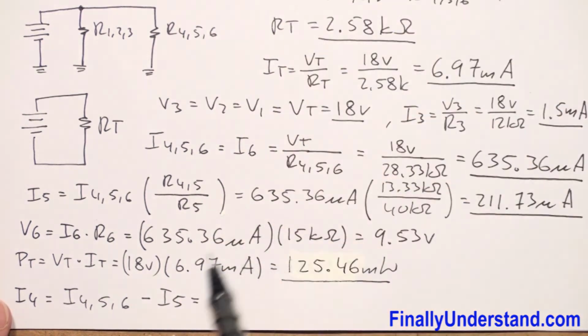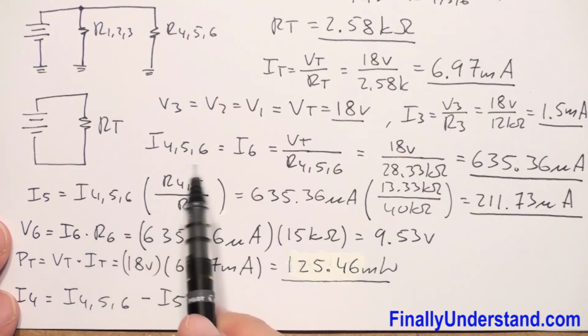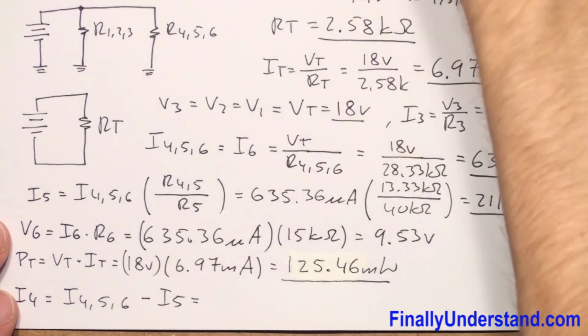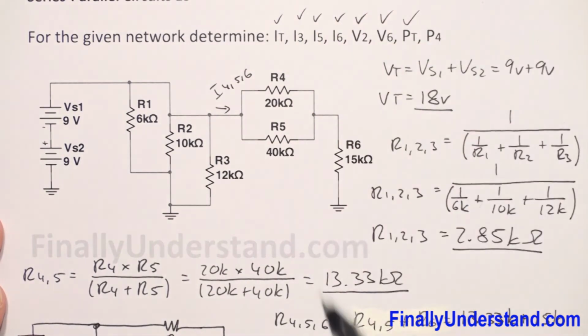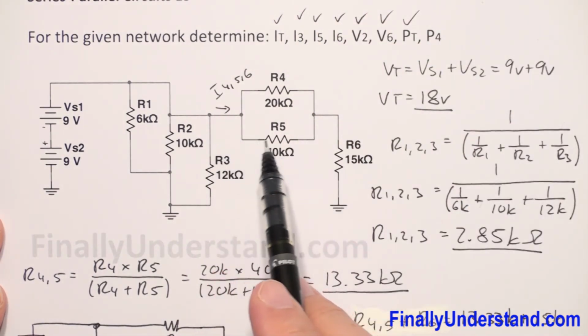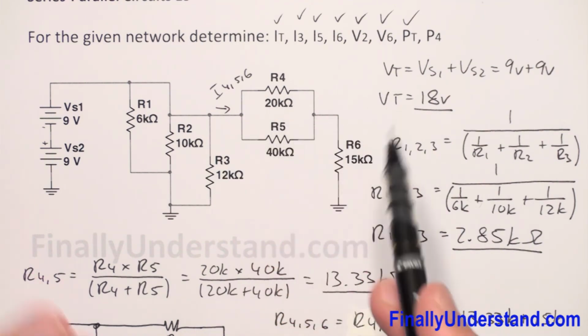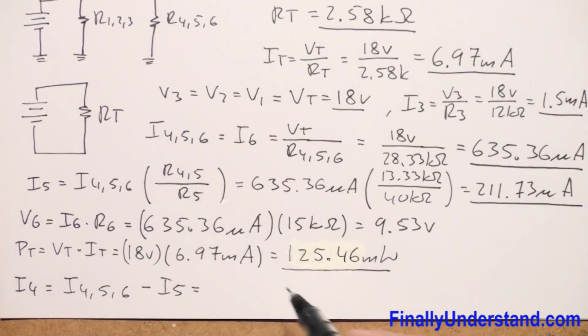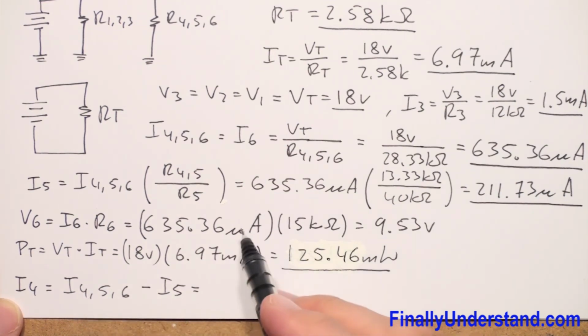We found I5, and we have I4,5,6. So from this current, I'm going to subtract this current, and I'm going to get this current.